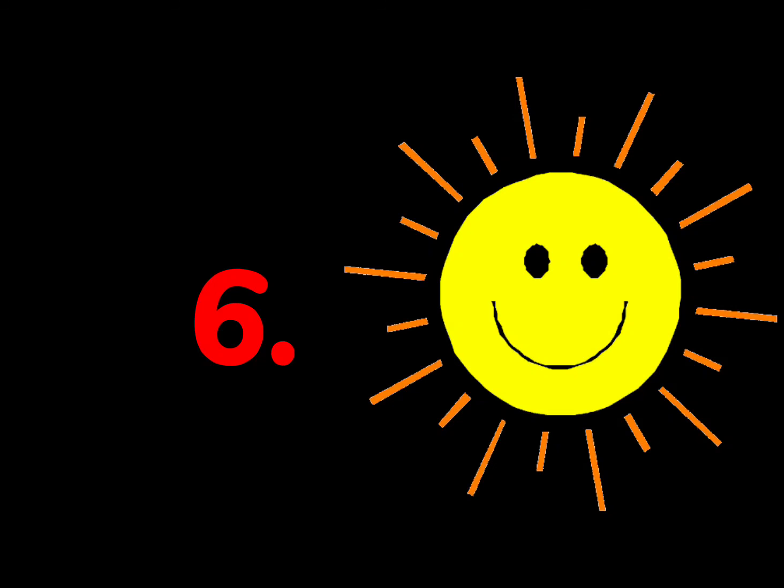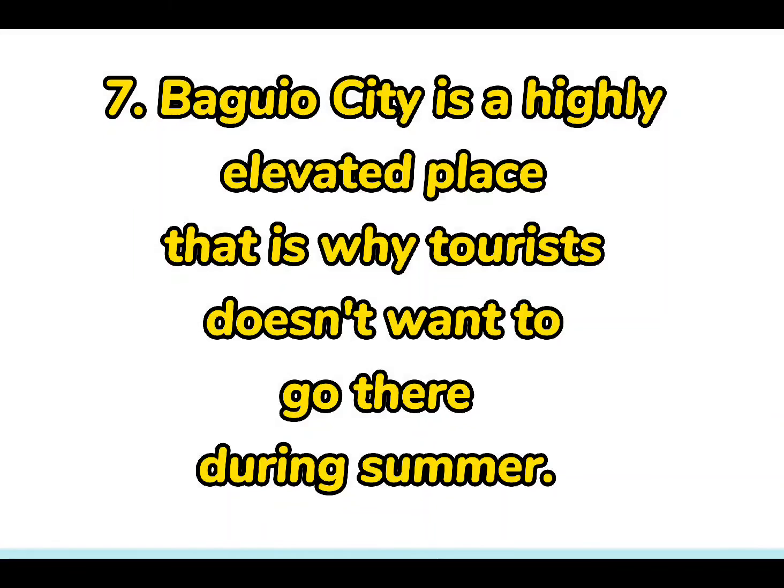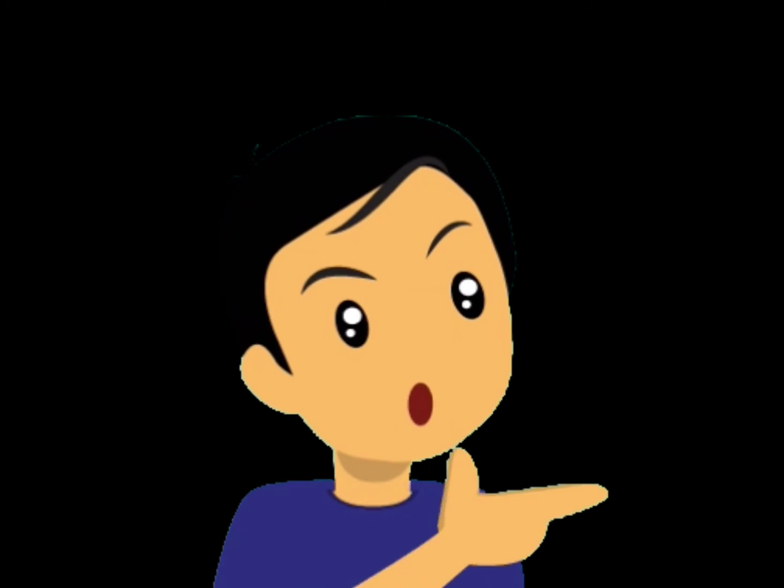If you draw a sun, you are correct. Last one, number 7. Baguio City is a highly elevated place. That is why tourists don't want to go there during summer. If you draw a cloud, you are correct.